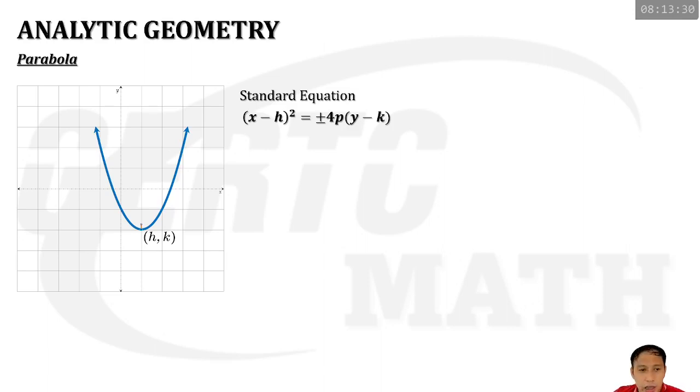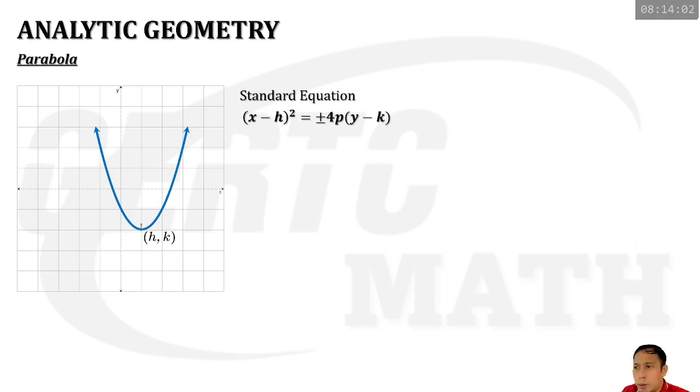Now, if it's not at the origin anymore, it should be written as the quantity x minus h squared is equal to plus or minus 4p times y minus k. So the plus and minus would indicate where the parabola opens. If positive, it would go upward. If negative, downward naman siya. So ganun lang kadali.